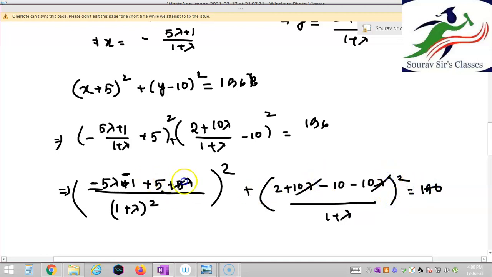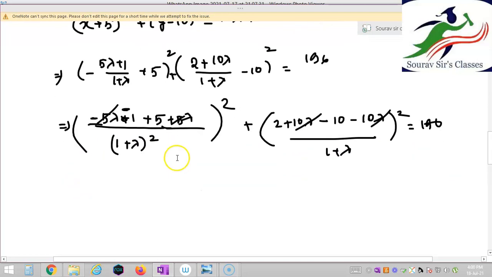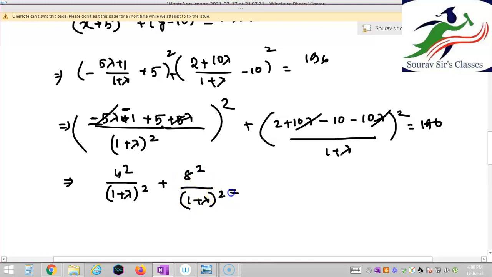The lambda terms cancel out. So 5 minus 1 is 4 square by (1 plus lambda) whole square, plus 8 square by (1 plus lambda) whole square is equal to 196, right?